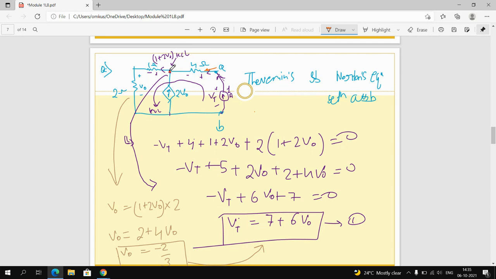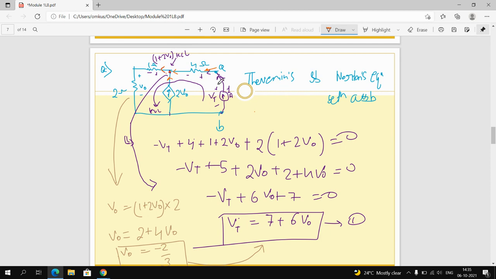KCL says incoming current is equal to outgoing current, right? So this is the incoming current and this is the outgoing current. So 1 plus this 2 V naught is the total current for this branch. First of all, observe the direction of current and mark the polarity of the element.